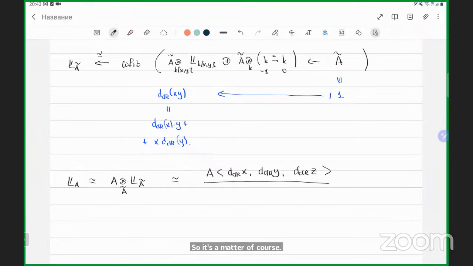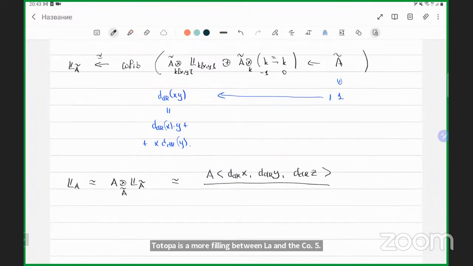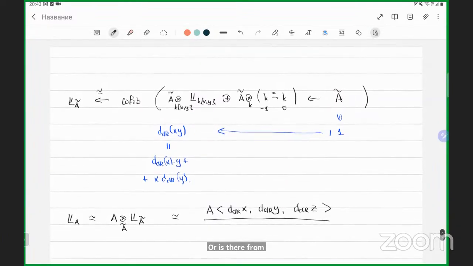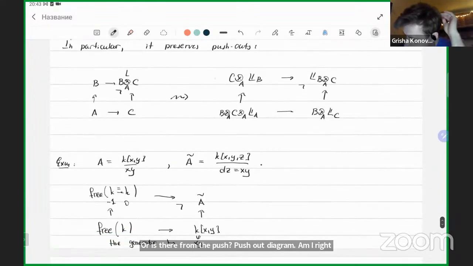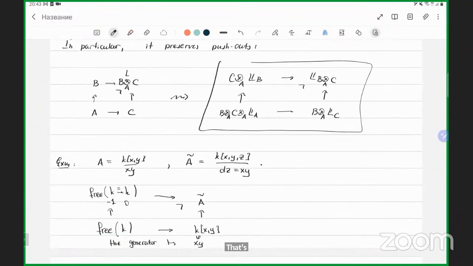So sorry, and the top isomorphism between LA and the cofiber is derived from the push-out diagram. Am I right? Yeah, sure. You're absolutely right. This is a cofiber between cofibers.